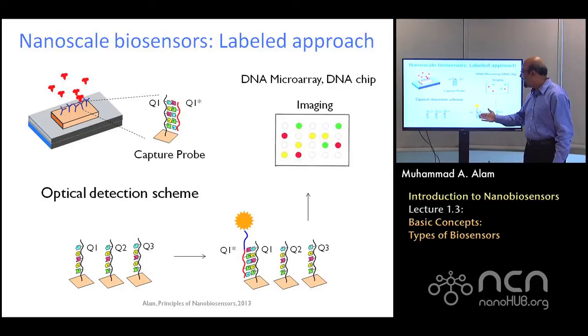We did not really rely on the intrinsic property of the biomolecule itself. Now, this is widely used in DNA microarray and DNA chip, and this is very sophisticated. But in this course, we'll not be focusing on this type of label-based approach. In electronic biosensing, we'll be focusing on something that relies on the intrinsic property of the biomolecules themselves.